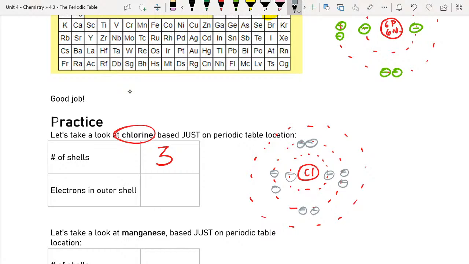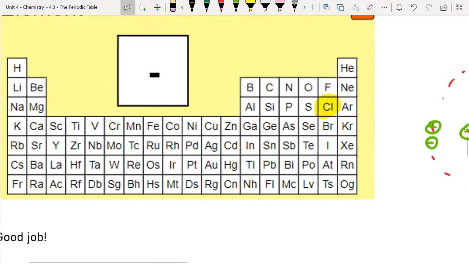But here I am. Okay, now how would I know how many electrons go in that outer shell? By the way, what do I call the outer shell? The valence. The valence, good. So how many electrons in there? It'll be 7. Good, okay, let's take a look.